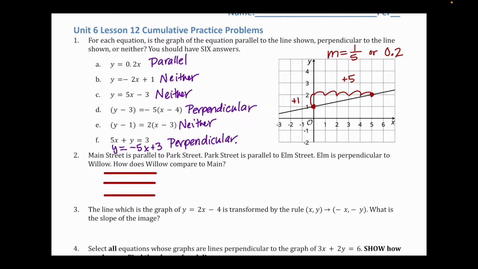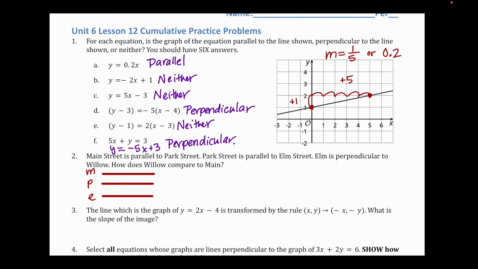So this is Main, Park, and Elm. Now, Elm is perpendicular to Willow. So I'm going to draw a perpendicular line on Elm, and this is going to be Willow.